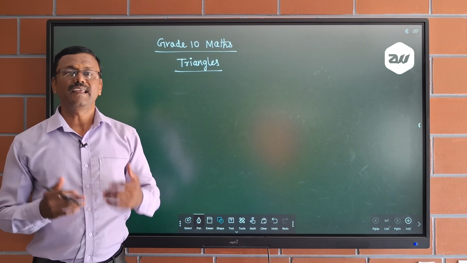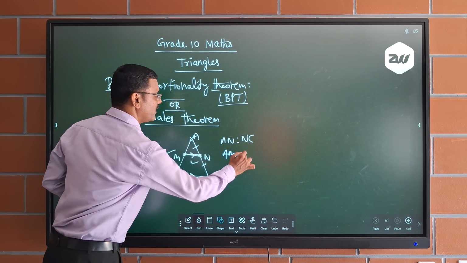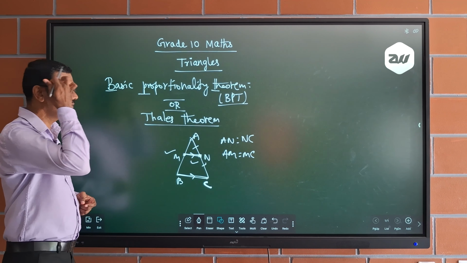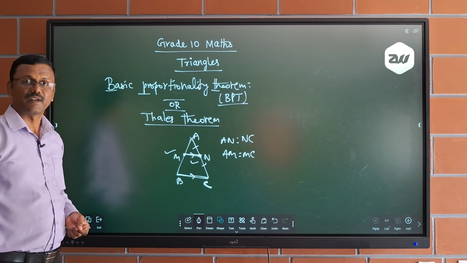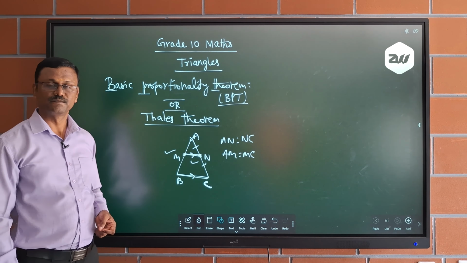So this MN divides AC in the ratio AN is to NC. Similarly, M divides AB in the ratio AM is to MB. Understood? So AN is to NC, AM is to MB. Both ratios are equal. This is 1 is to 1, this also 1 is to 1.